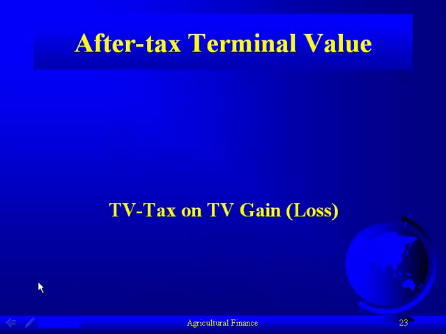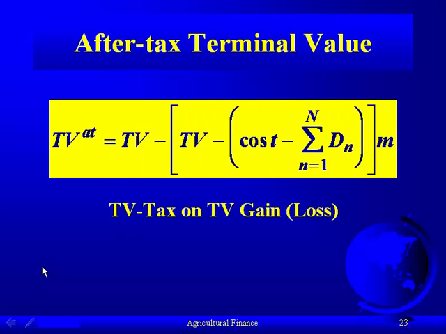To find the after-tax terminal value, we simply take the terminal value minus any tax adjustments. Sure enough, it's terminal value minus the notation on the previous screen, and we sold it for $60,000, and we have a minus times a minus, which is a positive.